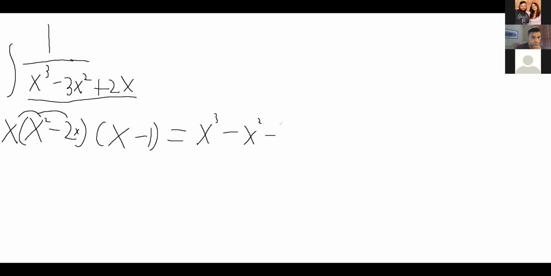We have 2 minus x squared, and then we have plus 2x, which is equal to x cubed minus 3x squared plus 2x. So it matches. So that means that's what we can use. I'll just keep that until I have to remove it.